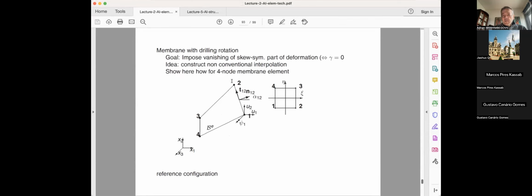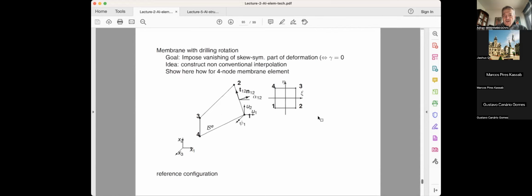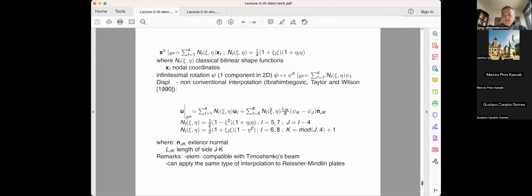And I make this dependent on two rotations. So that amounts to saying that here I have n_jk being the corresponding unit vector, exterior normal, to filter out the component of this displacement, multiplied by the length L_jk divided by 8 times psi_k minus psi_j.